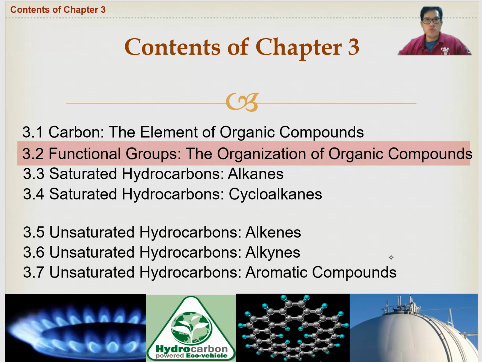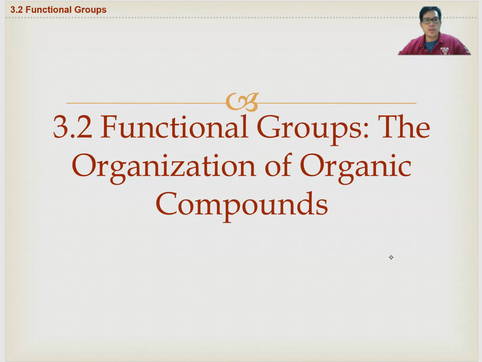Okay, let's look at 3.2. 3.2 is functional groups, the organization of organic compounds. There are thousands of organic compounds in this world. Luckily, these organic compounds can be separated into different types of groups. These groups are based on what we call functional groups.